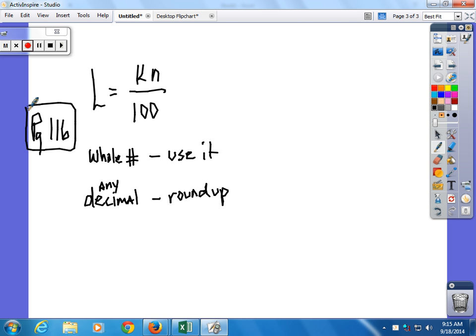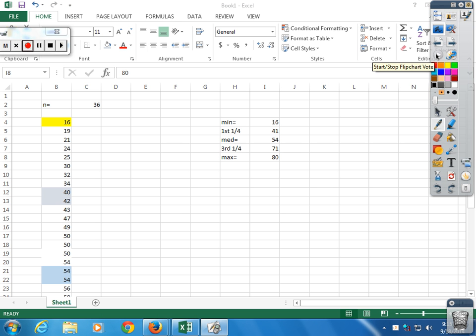Why would you add the 40 and 32 together? Because the number, let me turn back to that. The number right here is in the middle.